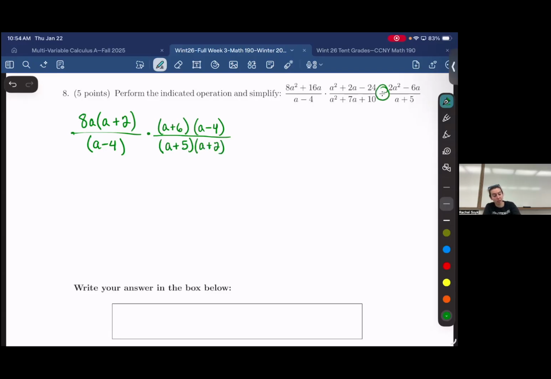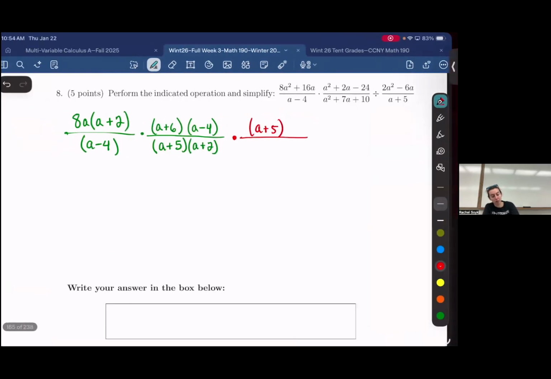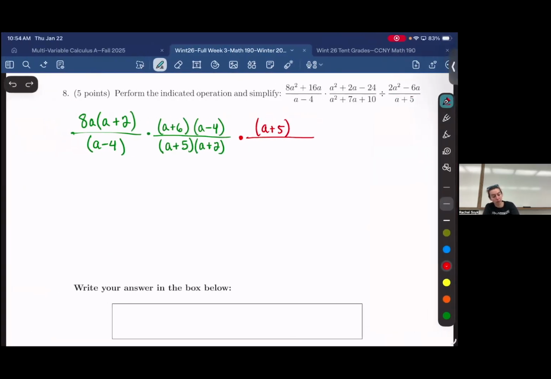Now this is a division, so we're going to change that to multiplication, and now we're going to switch the numerator and denominator. So our denominator is going to go up top here, which is our a plus 5. And our numerator is going to go on the bottom. Can we pull out a GCF for our numerator? Yeah, we can pull out a 2a, and then we'll be left with a minus 3.